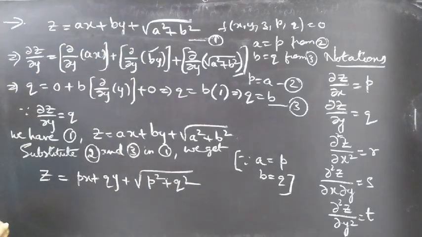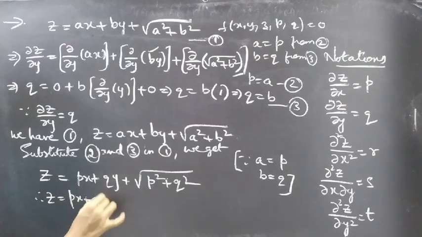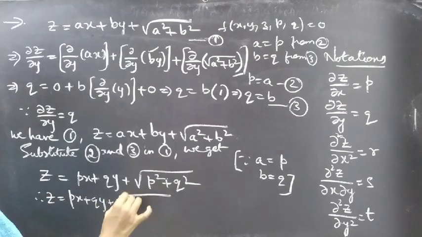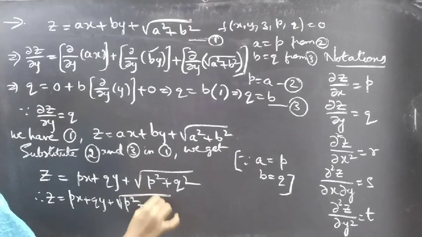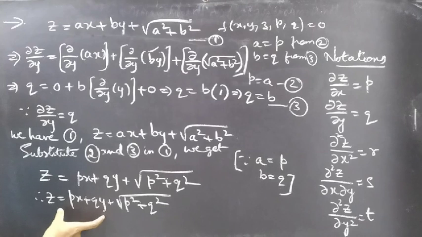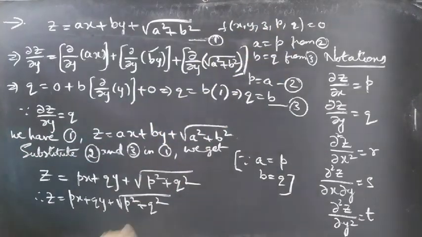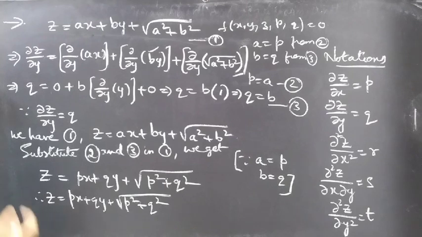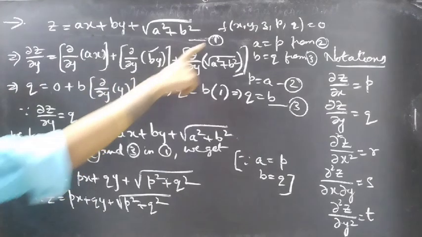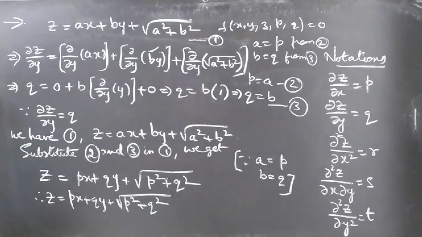It does not contain any arbitrary constant, so z equal to px plus qy plus the square root of p square plus q square is the required partial differential equation. And this is also of the form f of x, y, z, p, q equal to 0, right?